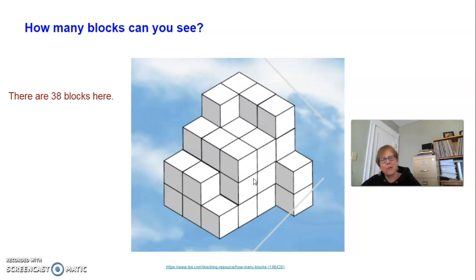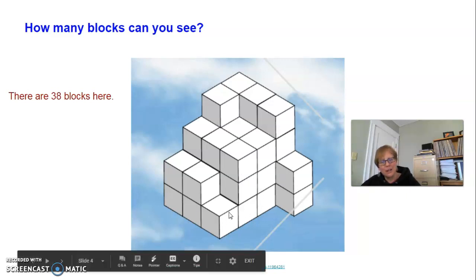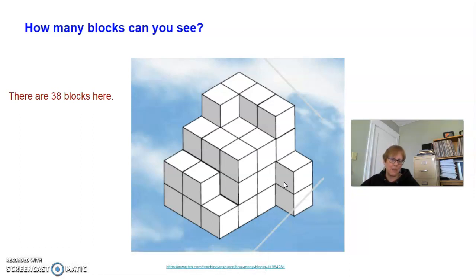But right here, I took a look at this and I'm like, okay, that's 4 this way, 3 this way. Remember the whole discussion we've had about arrays? That works really well here, right? I've got 3 groups of 4 blocks. So groups of, that's exactly when we multiply. So 12 plus this other one here, 13. So 13 in this one, and then this would also be 13, but minus 1, so that's 12.